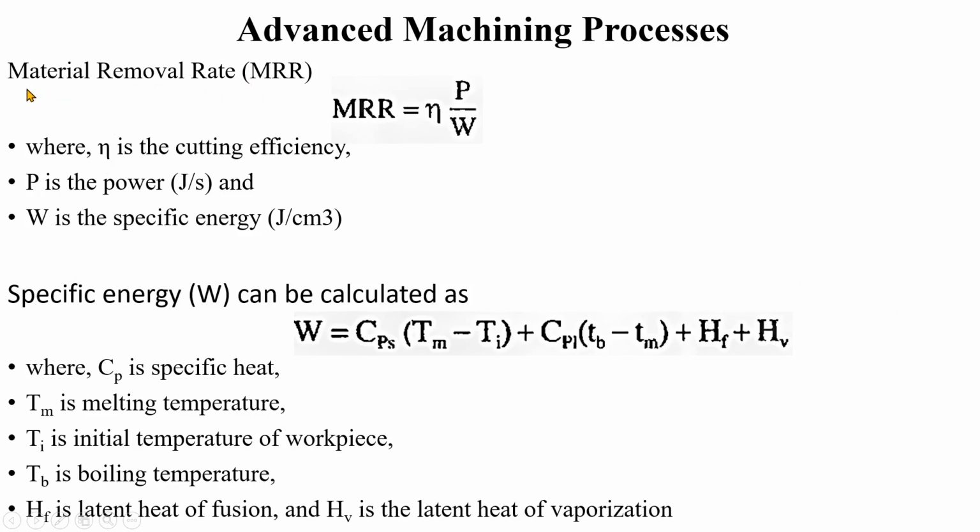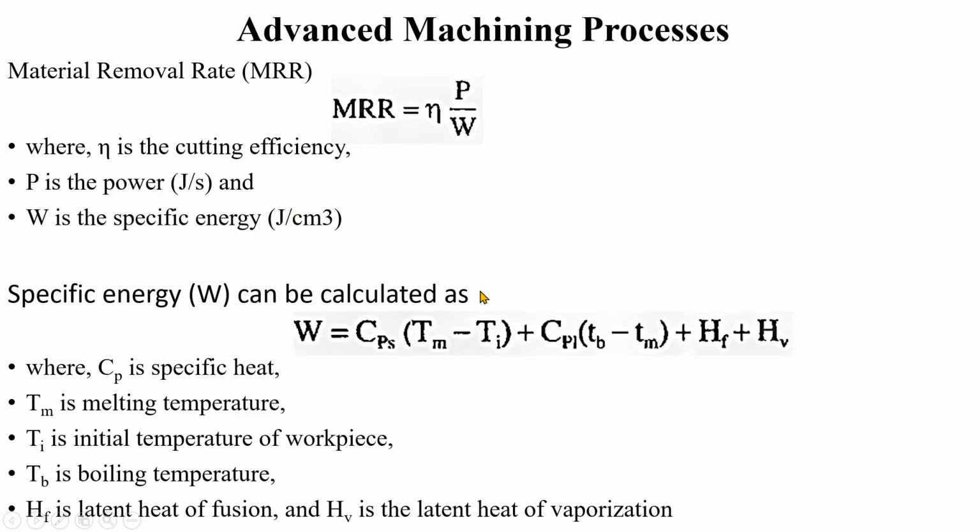Next is the material removal rate. We can calculate the MRR in case of EBM using this formula, eta times P by W, or P over W. Here eta is the cutting efficiency, P is the power per pulse in joule per second, and W is the specific energy, which is energy per unit volume.